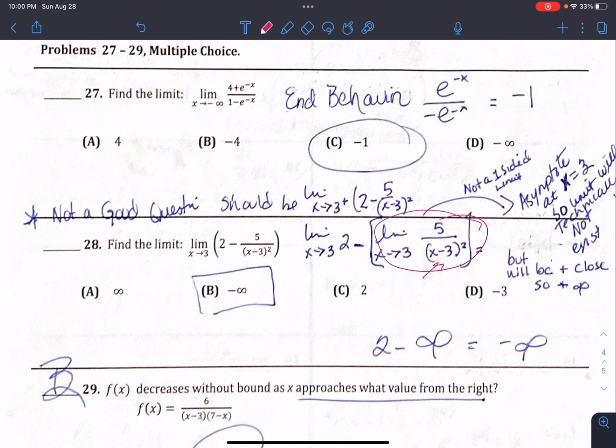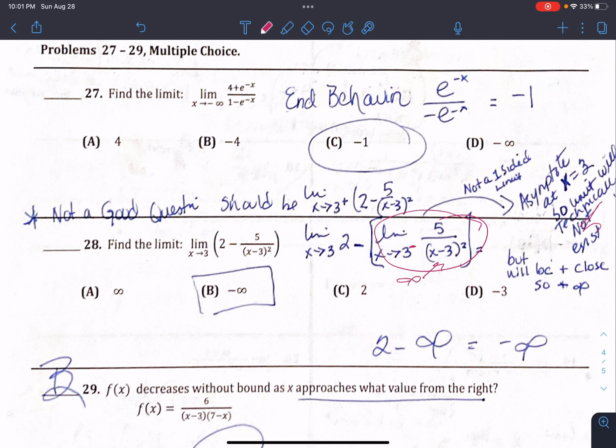I said the limit will technically not exist. Let's see. They just want you to know whether it's positive or negative infinity. I think because it's 2, this is always going to be positive.